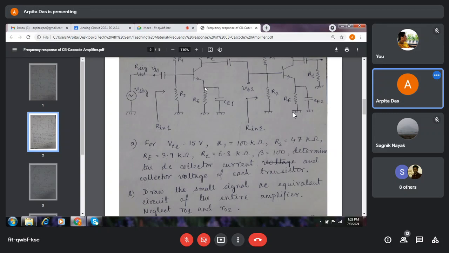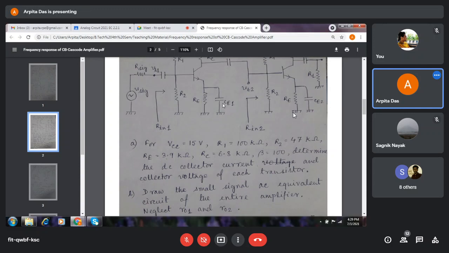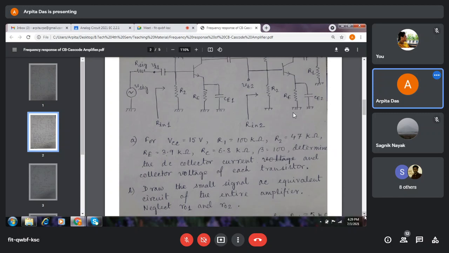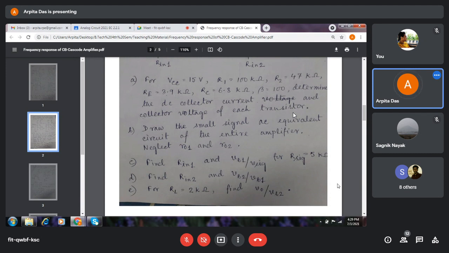Both of the transistors have some emitter resistance RE, but this emitter resistance is bypassed with the bypass capacitance CE. So basically during AC analysis, the emitter will be shorted to the ground. So the hybrid pi AC equivalent model is suitable for calculation. So you can draw a hybrid pi model for both stages.